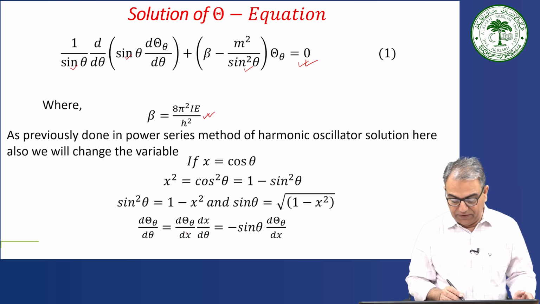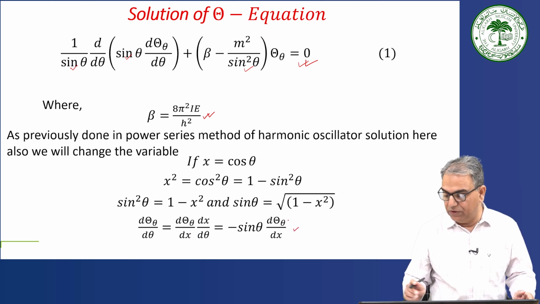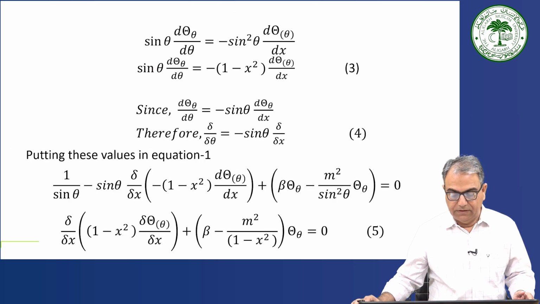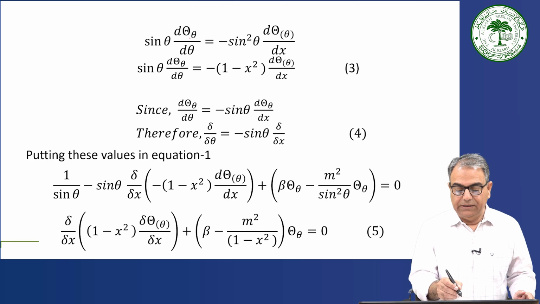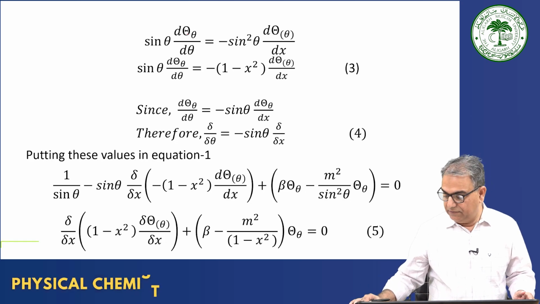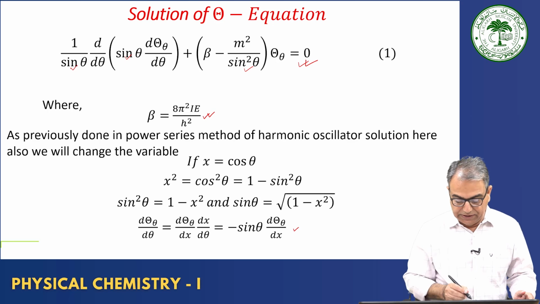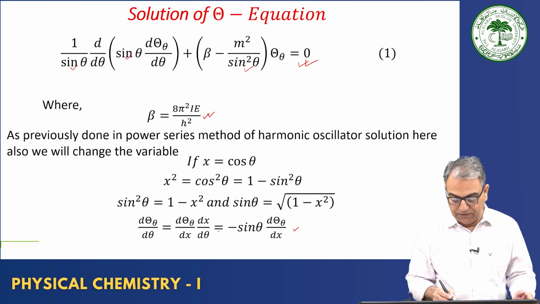So if you put these values into this equation, what do you get? Sine theta d theta(theta) by d theta: we can write d theta(theta) by d theta as d theta(theta) by dx into dx by d theta, and x is cos theta, so it will be minus sine theta into d theta(theta) by dx.